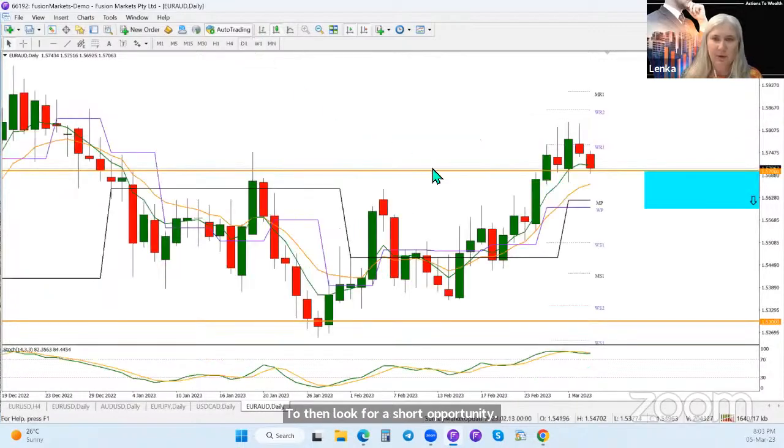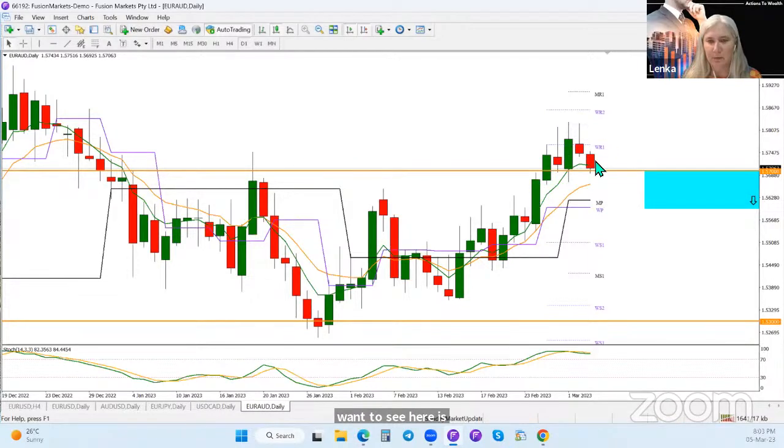Going down further to the daily time frame, here I can see that we've had a couple of closed bars, that's daily bars above that previous range. But we did not have a push off or anything. So this could potentially be a false break. So what I want to see here is, is this actually going to be a false break?